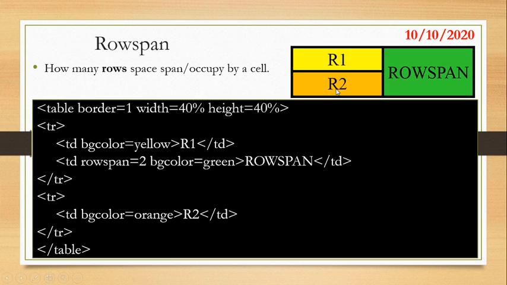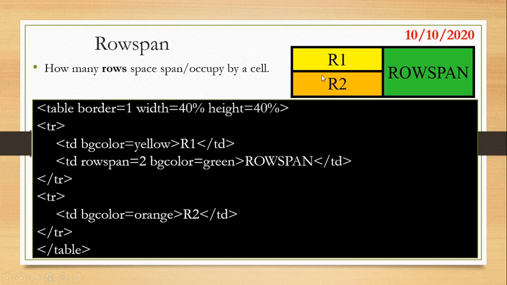Now we have to move to the second row, that is R2. While creating the row we have to use tr, table row. Inside this second row, for the first cell of the second row, you have to write td, and the background color is orange, so you have to write bg color equal to orange.